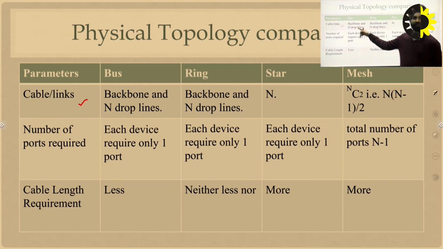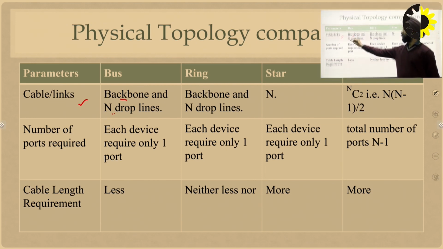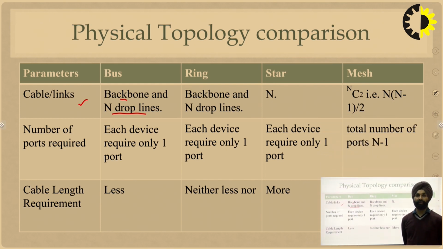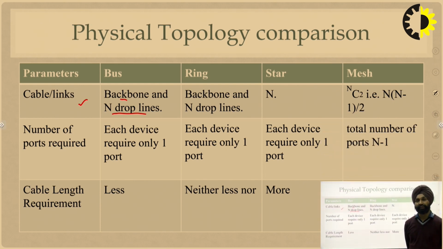Mainly, bus needs one backbone and n number of devices, then n number of drop lines or connectors to connect the devices with the bus. In a ring, again we have one backbone and n drop lines. The only difference is that there is no end terminal in the ring topology.